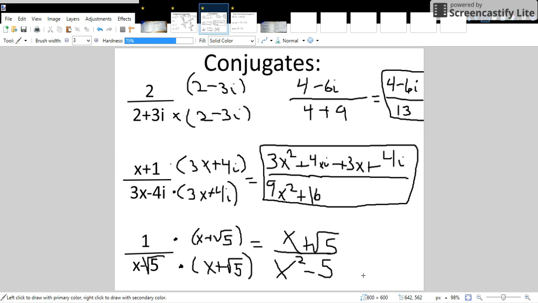Again, this is going to be difference of squares because we do not have an i in it. So there will be no i squared to cancel out the negatives. So that's why there's still a negative that remains here. Square root of 5 times square root of 5 is 5. Okay, notice there's nothing else that you could combine for like terms. So you're done, and this is your answer.